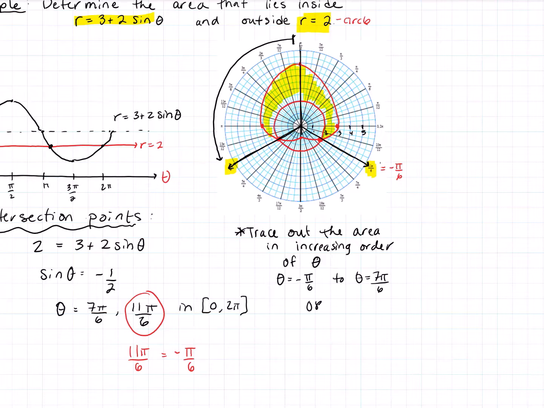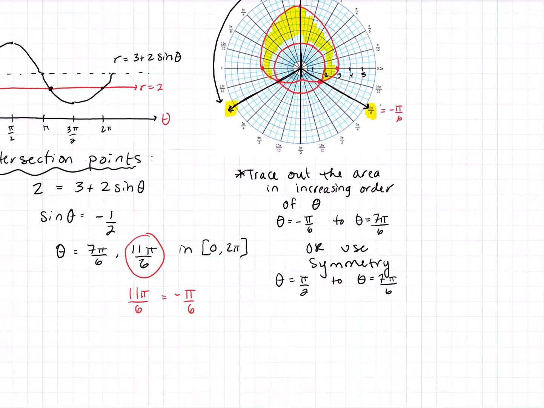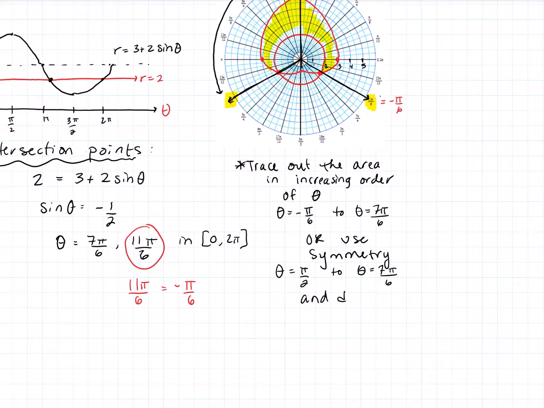We can use the symmetry of these polar curves, and we could go from theta equals pi over 2 to theta equals 7 pi over 6 and double the area. Okay? There are actually lots of different ways to do it, but those are two of the ways we could do it. I'm going to set it up like this, but know that you could apply symmetry and work it that way.